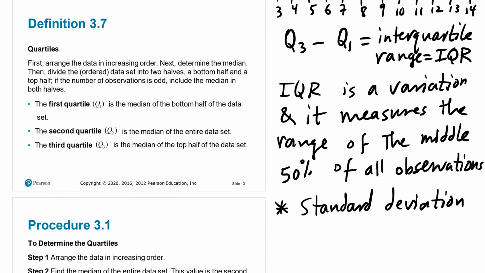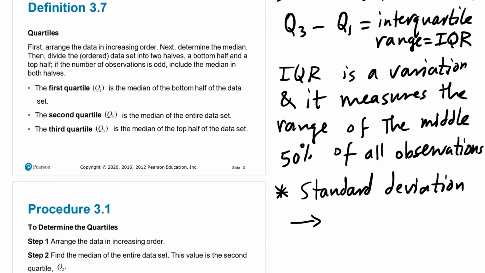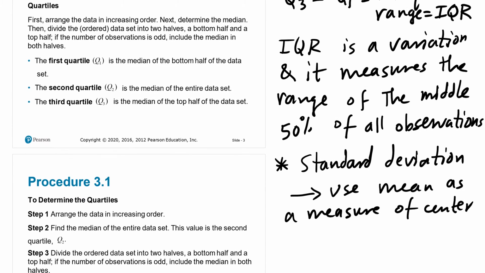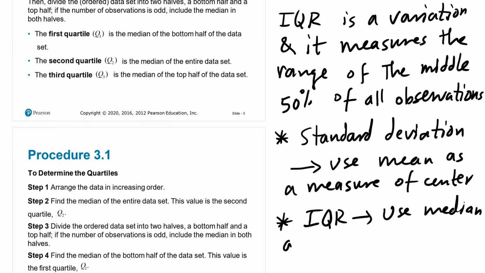When we use the standard deviation, it is preferred to use the mean as a measure of center. I'll show an example about this. And the other one is the IQR. In this case, we use the median as a measure of center.